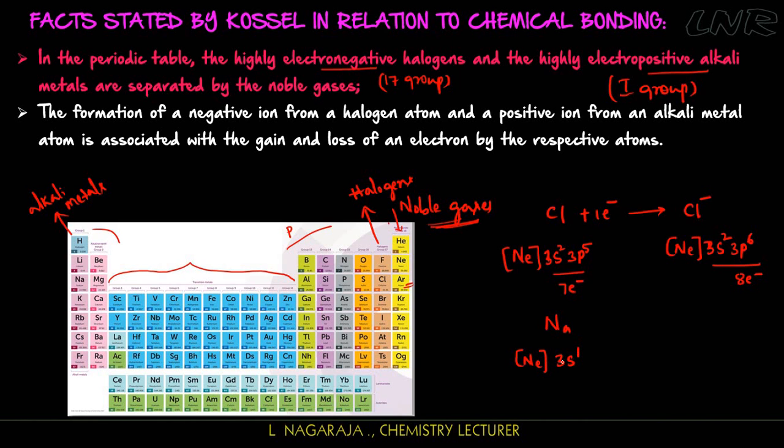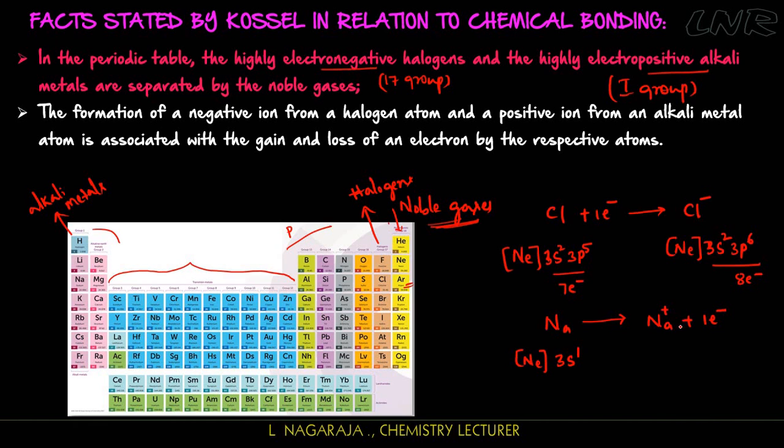So neon has 10 electrons, and sodium has 10 plus 1 electron, so the total number of electrons present in sodium is 11. When this sodium loses 1 electron, it is converted into Na plus plus 1 electron.